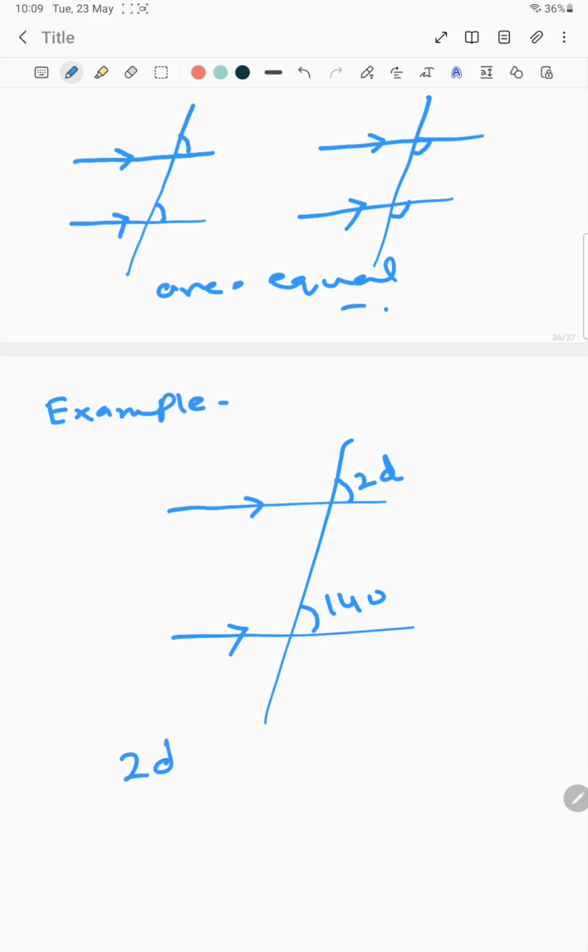It means 2D is equal to 140, and if you want to write the reason, in the bracket you can write: these are corresponding angles, that's why they are equal to each other.